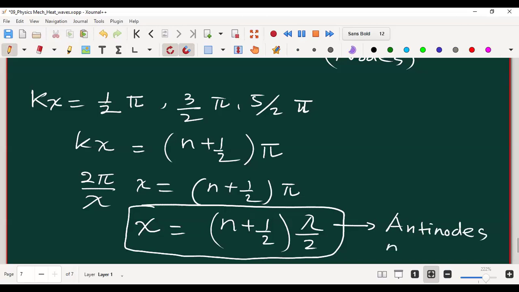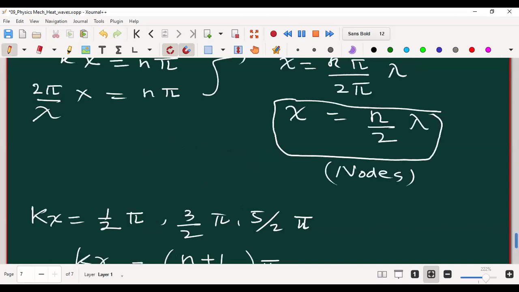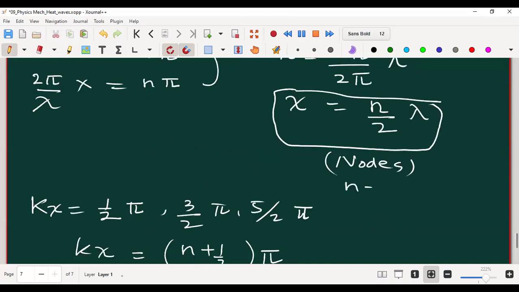N starts from 0, 1, 2, and so on. Also for this one, n is 0, 1, 2, and so on. Okay, this is for standing wave.